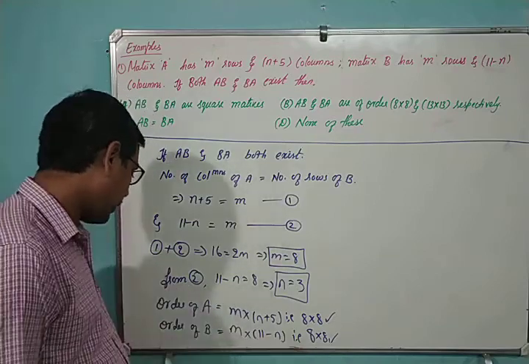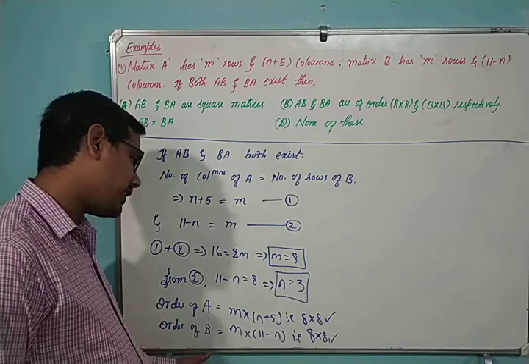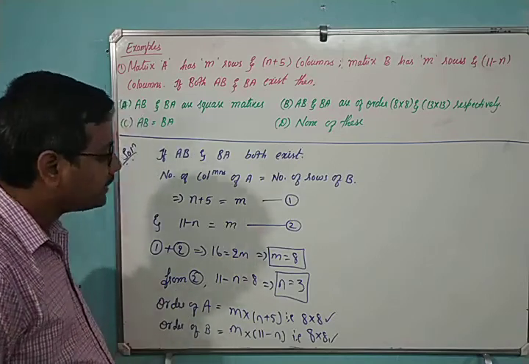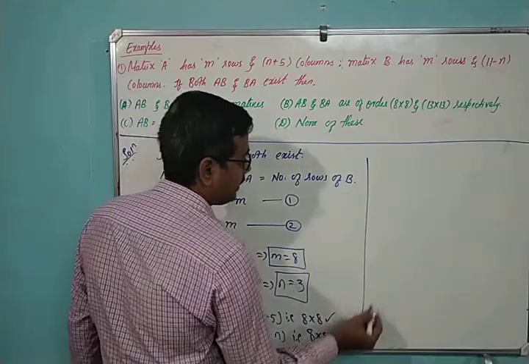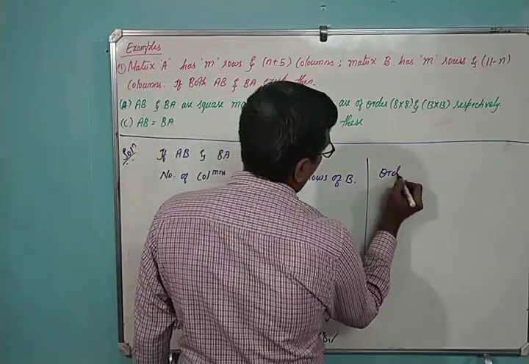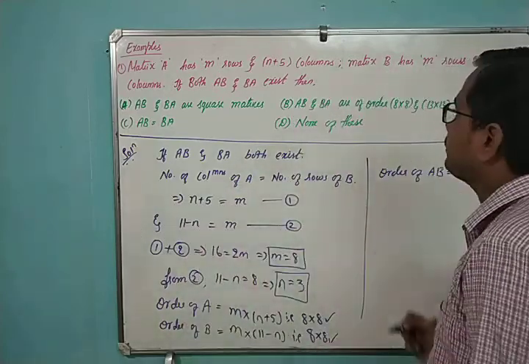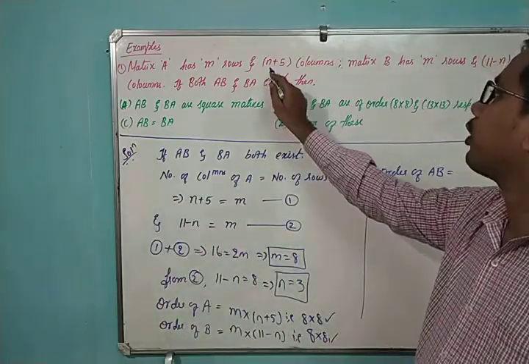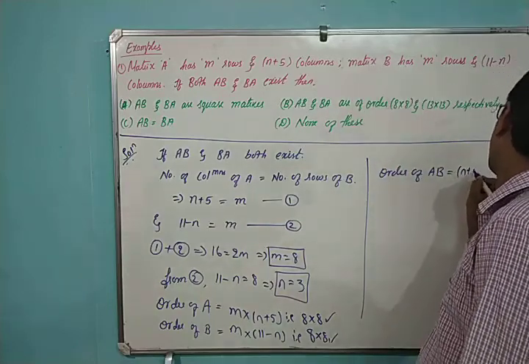Right? Then see, if order of A is 8 cross 8, order of B is 8 cross 8, what will be the order of A into B? That also will be 8 cross 8, right? Order of AB is how much? See, number of rows into number of columns. M into n plus 5.